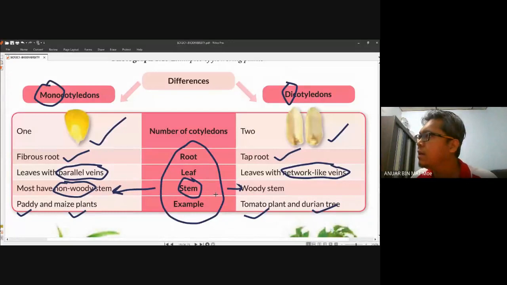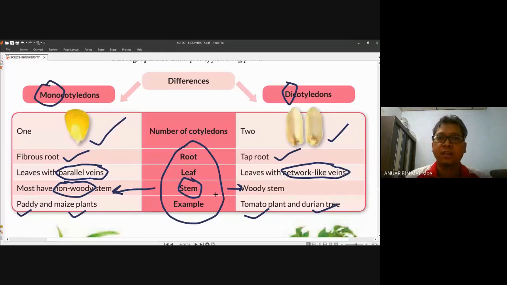So what are the similarities between monocot and dicot? If I ask you, what is the similarity between monocotyledon and dicotyledon? Apa yang sama? Flowering plant. Very good, Yao Yingtung. Yes, the similarity is that they are from the classification of flowering plant.